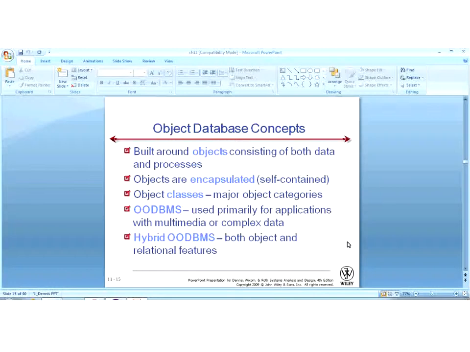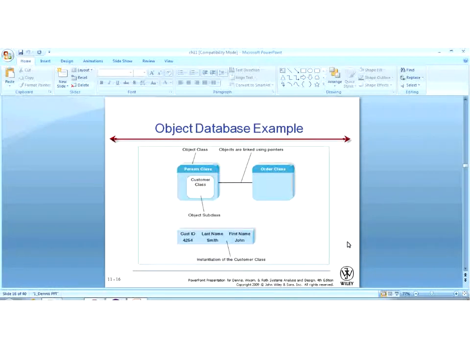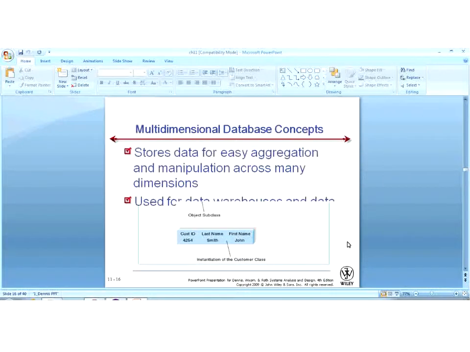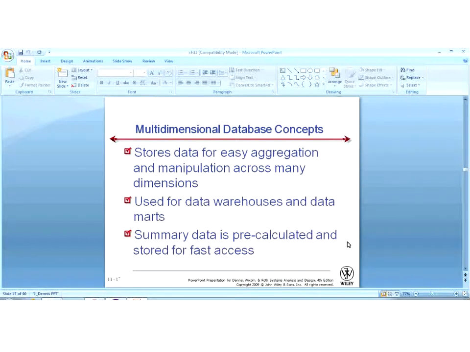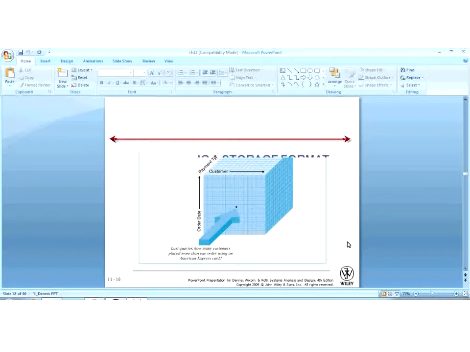And you can have object and relational features combined in a database management system, which is called a hybrid object-oriented database management system. So this is the example we saw. Multi-dimensional databases are mostly used when you have to store a large amount of data and you want quick access to that data. So this is an example of a multi-dimensional database.